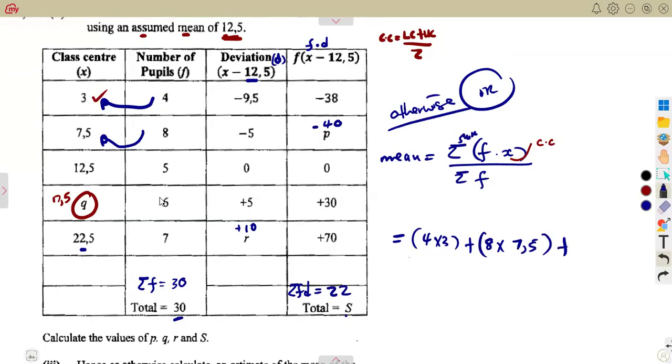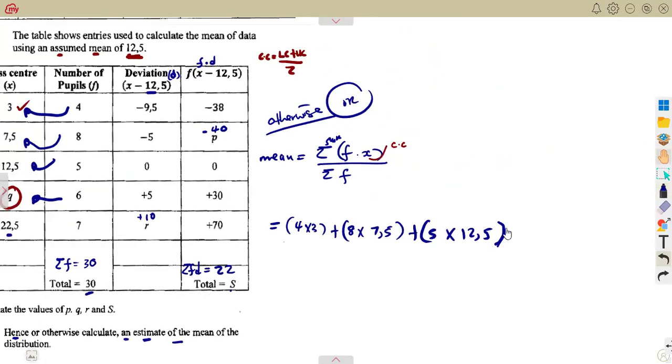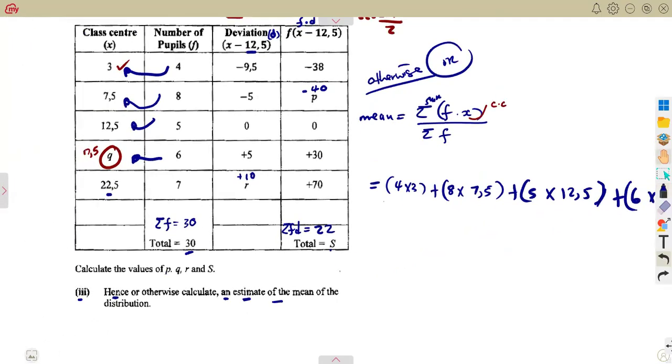Plus, you move on, 5 and 12.5. You're adding 5 and what? 12.5. 5 times 12.5. You move on to another one. Frequency times class center, 6 and 17.5 and so on. 6 times 17.5 plus frequency times class center and so on.